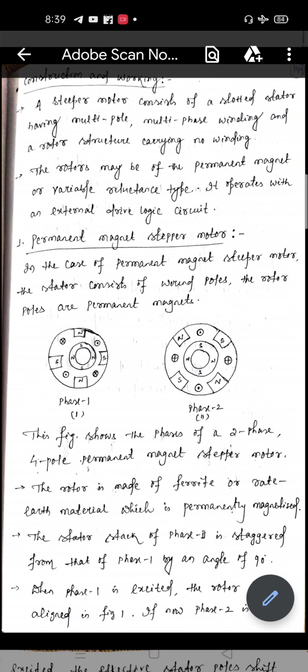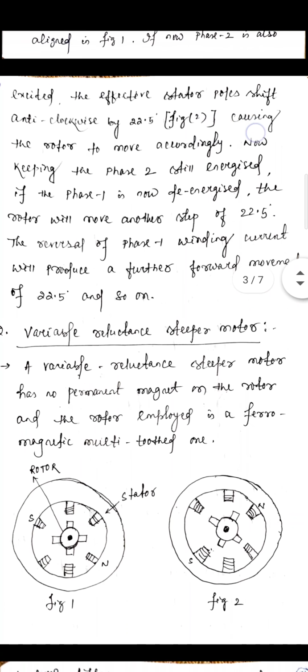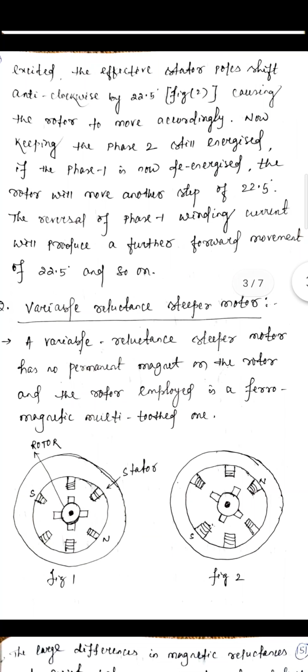When phase 1 is excited, the rotor is aligned as shown in figure number 1. If now phase 2 is also excited, the effective stator poles shift anticlockwise by 22.5 degree as shown in figure number 2, and it causes the rotor to move accordingly.